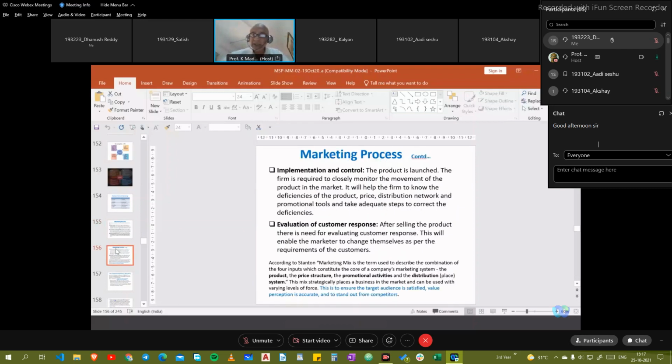Once the product is launched, the firm is required to monitor this and make adjustments for all the feedback that it receives. So the variation in the marketing mix would also be necessary at this particular stage after launch. And then we are, of course, interested in knowing how we perform.